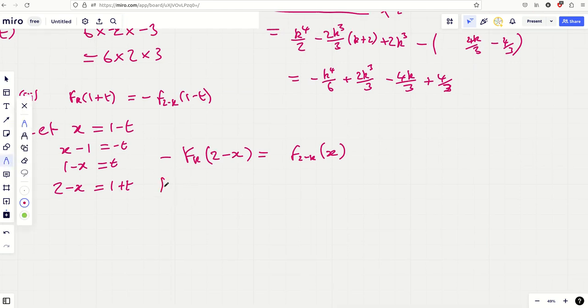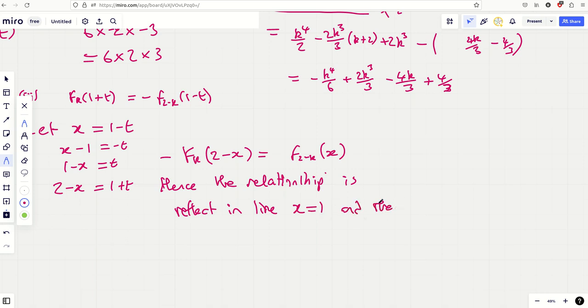Hence, the relationship is: reflect in the line x equals 1 and then reflect in the x-axis, because the y coordinates have changed from positive to negative.